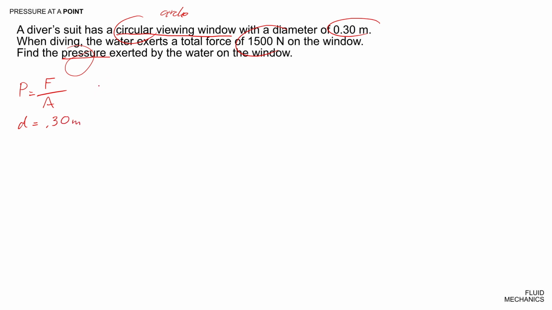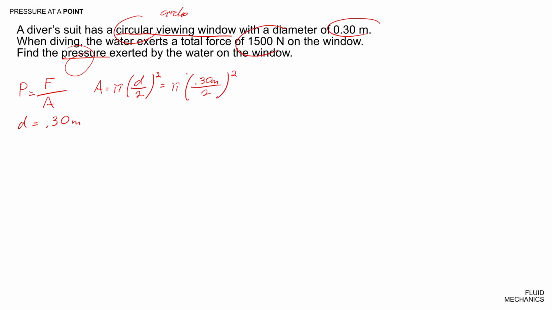What's the formula for the area of a circle? The area of a circle is pi multiplied by the fraction d over 2, squared. Using this formula, we substitute d with 0.30 meters, so we have pi multiplied by 0.30 meters over 2, squared.